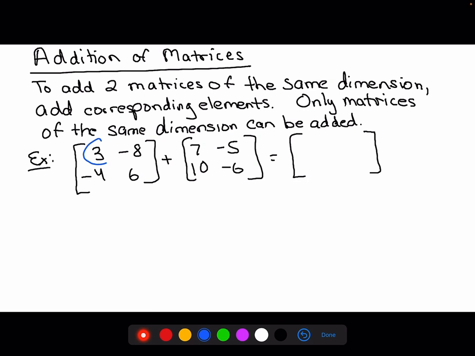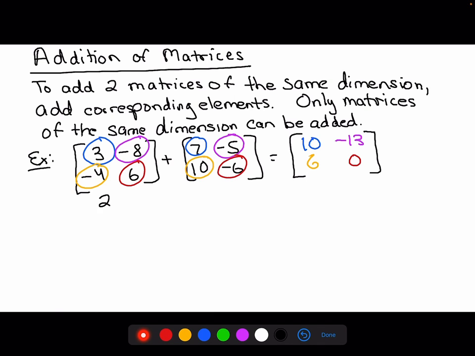Like you can take the 3 and the 7, add those together, and get 10. You can take the -8 and -5, add those together, get -13. You can take the -4 and 10, add those together, get 6. You can take the 6 and -6 and add those together, and get 0.